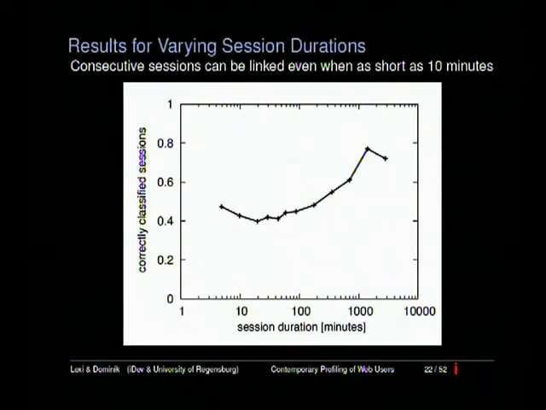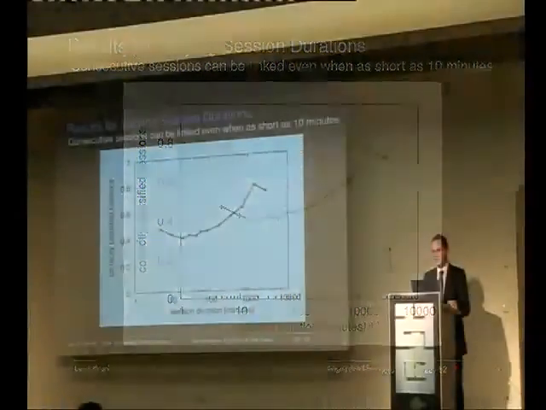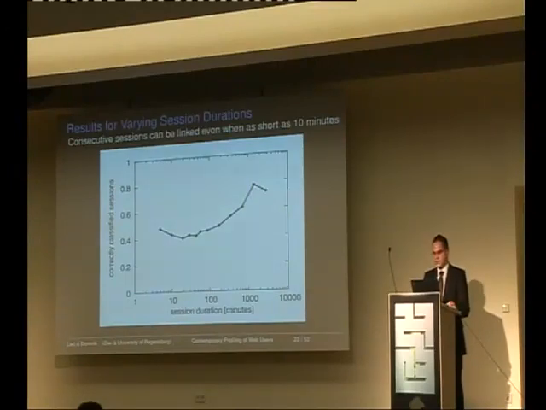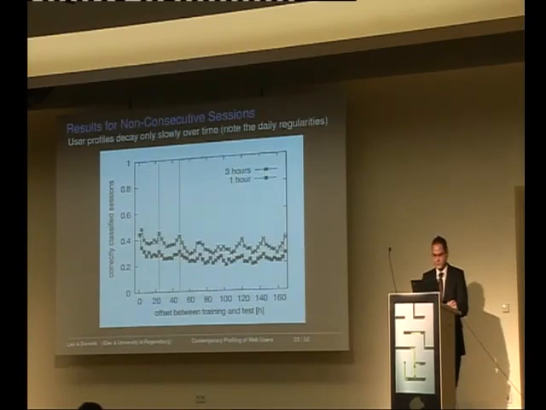But what's also interesting is that when you're doing really short session times, like 10 minutes or 5 minutes, remember Tor's 10-minute circuit switch time here, you see that the accuracy actually goes up again, which totally makes sense, because when you're surfing on /. you might do that for 5 minutes, for 10 minutes, and if you happen to be the only guy doing that, then your consecutive sessions can be linked easily.